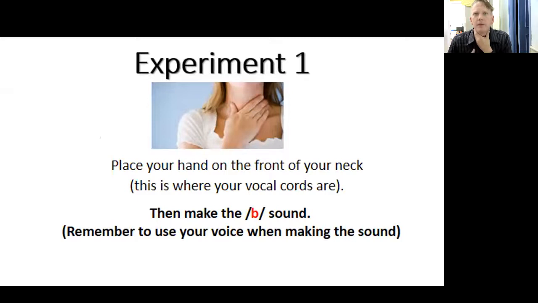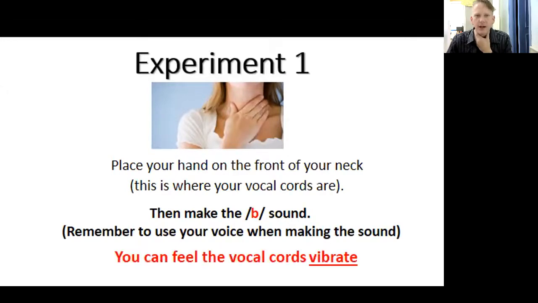B. Can you feel a sensation in your voice box or chest? B. That's right. It vibrates. It moves really quickly like this. It makes a vibration like a bass sound, like a deep sound. B. Bass. You can feel it vibrate easily, okay?